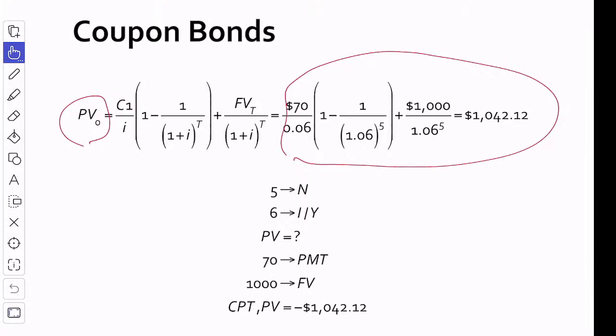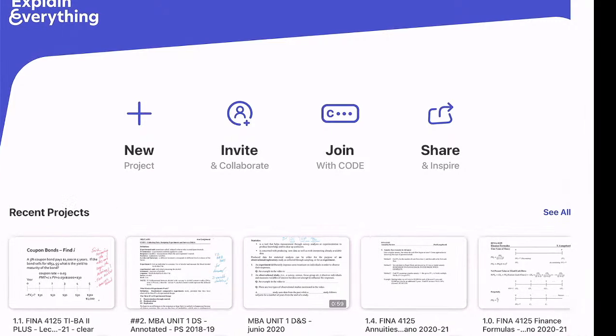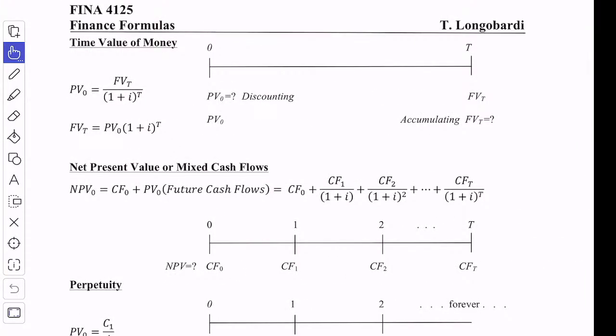So let's recap what we've done so far. Looking at the formula sheet, we've discussed most of it. We've talked about the time value of money basic formula. We talked about mixed cash flows and the NPV formula.